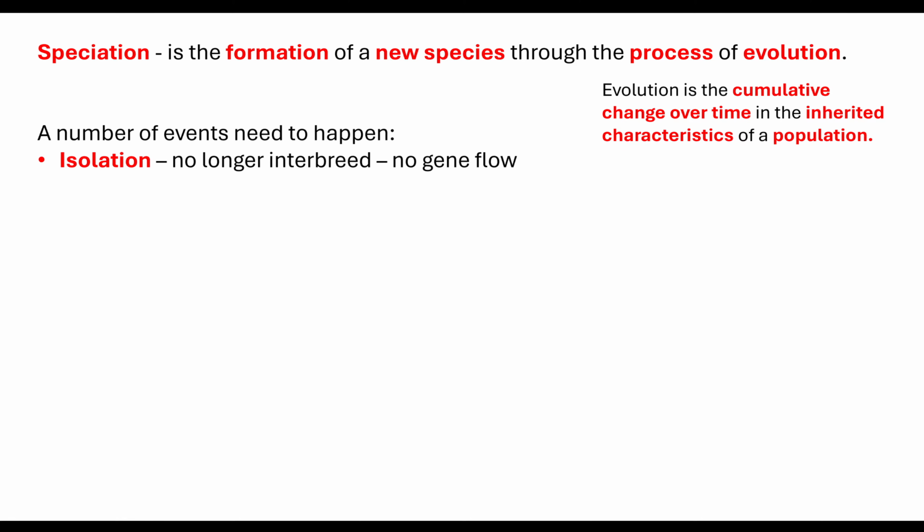The first thing that needs to happen is some form of isolation. This could be because of plate tectonics. It could be that there was movement of the land masses that separated the individuals. If they are isolated, they no longer can interbreed. Therefore, there will be no gene flow.